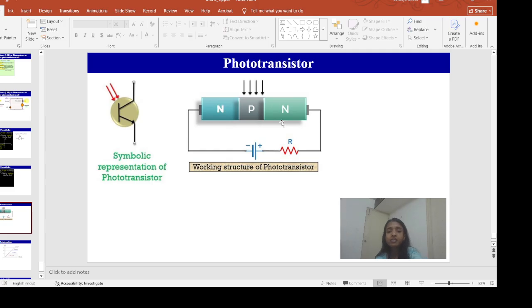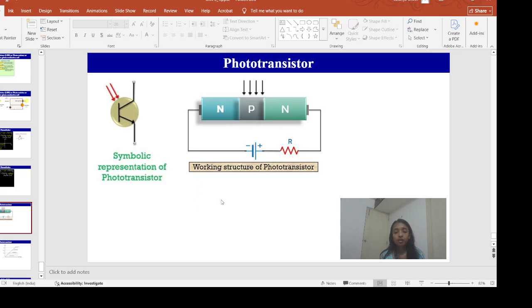That is the main difference. Also, we have seen in the normal transistor circuit, the input base current controls the output collector current, but here the light that is shined in the base region will control the photocurrent through the circuit.